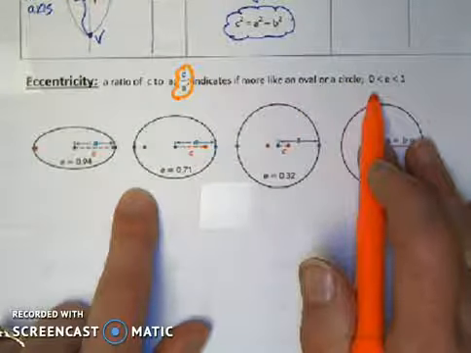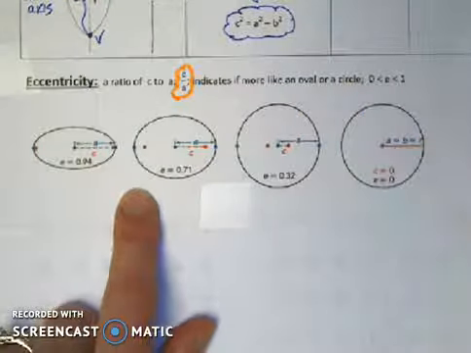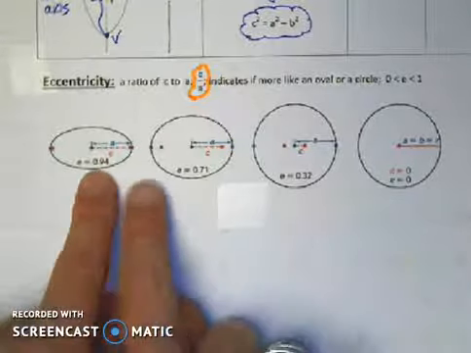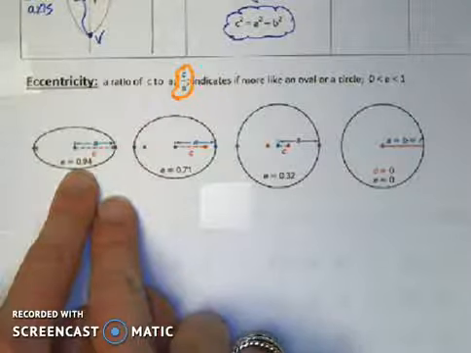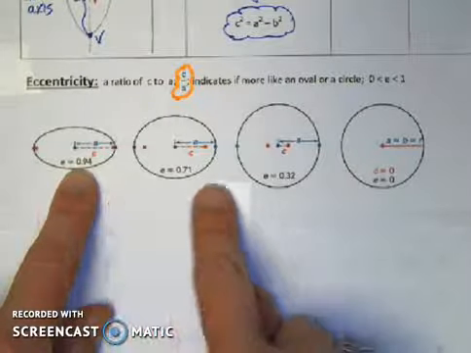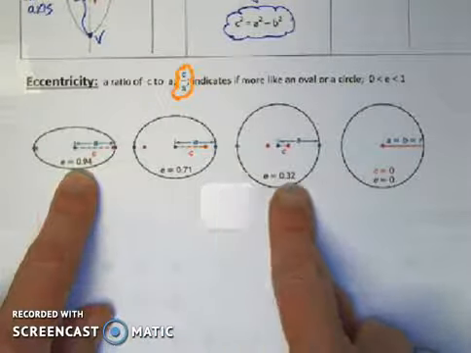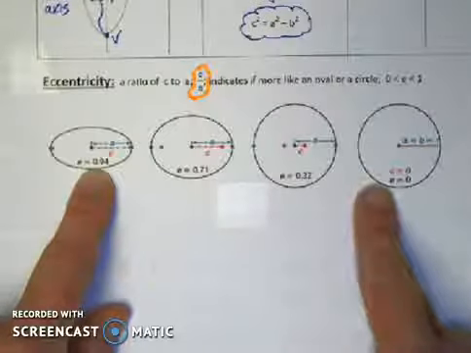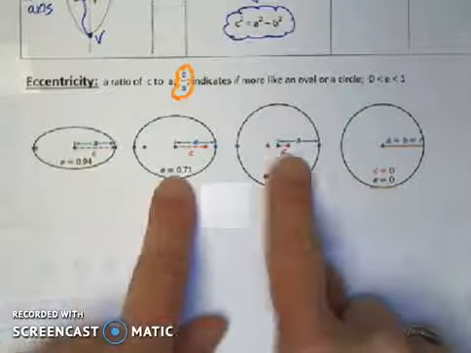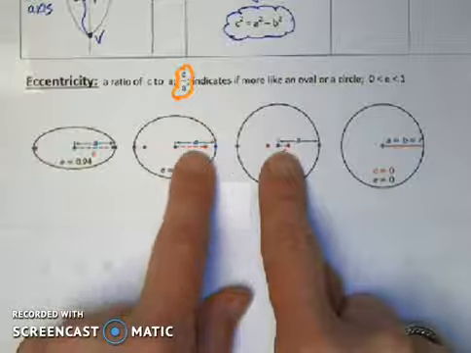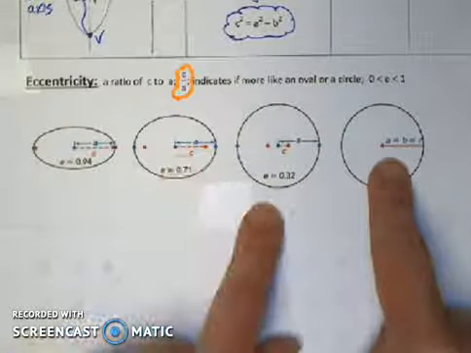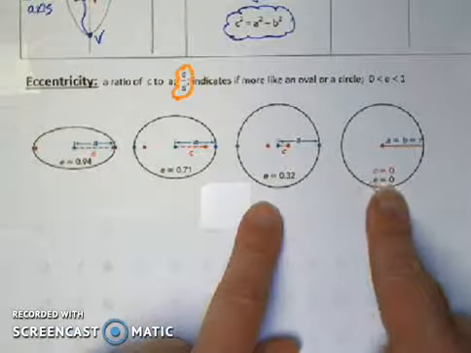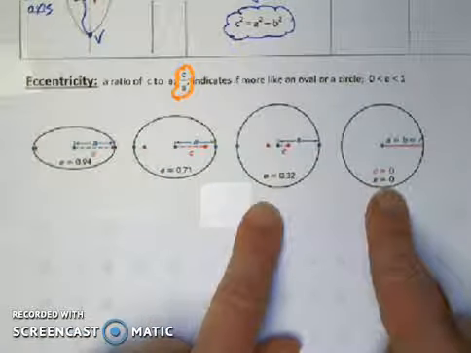If you notice, if the eccentricity is really close to 1, it's more like an oval. As the eccentricity diminishes, as the C becomes so much smaller than the A, then your ellipse becomes very much like a circle.